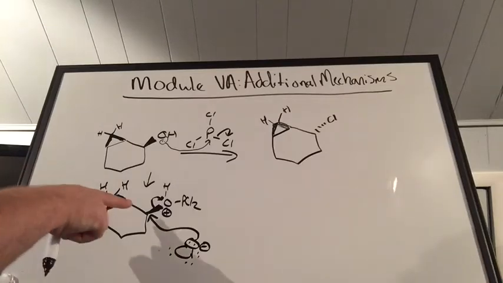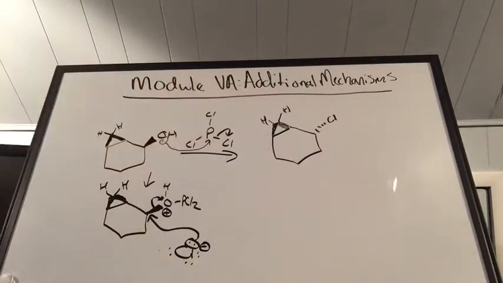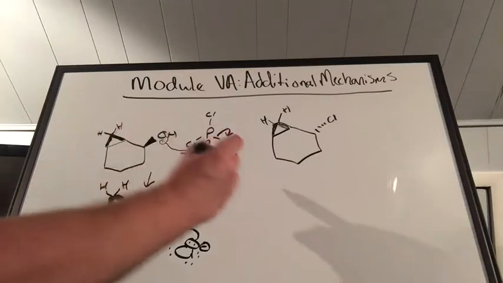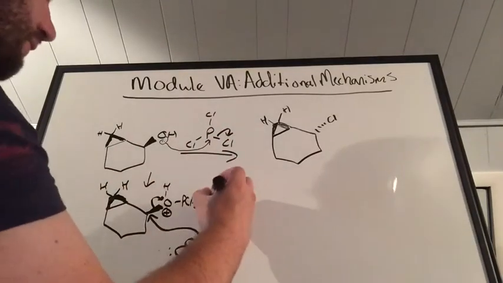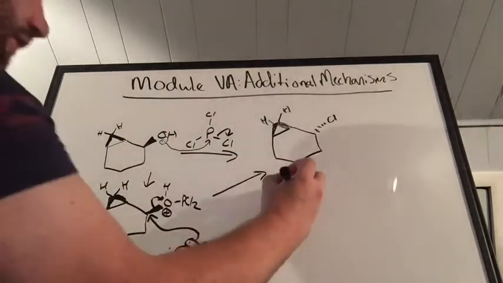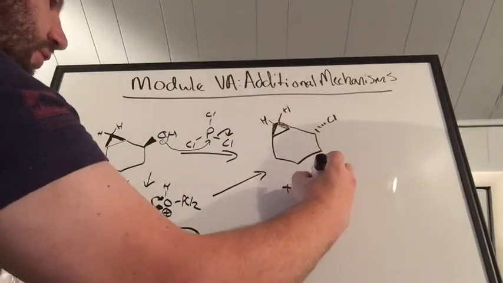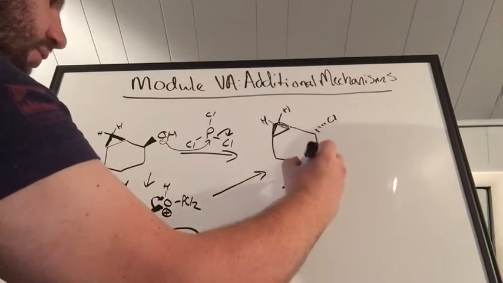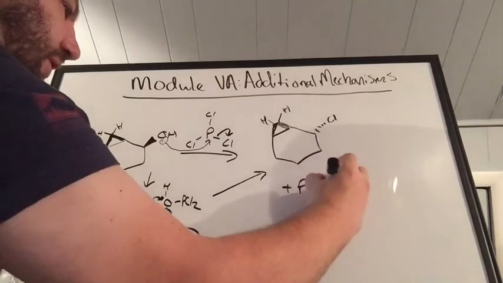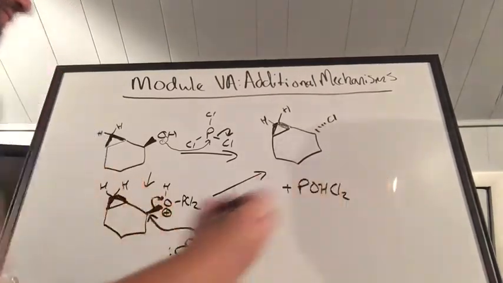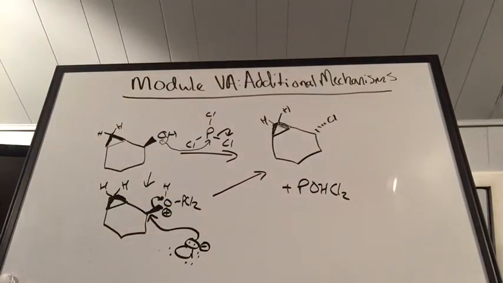Okay, and also you're doing an inversion of configuration, a stereospecific product, so that's something also to be mindful of. Okay, so this is the conversion you're going to get, and you're also going to have POHCl2 as a byproduct.